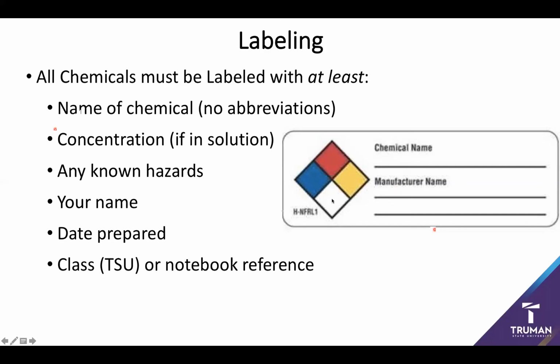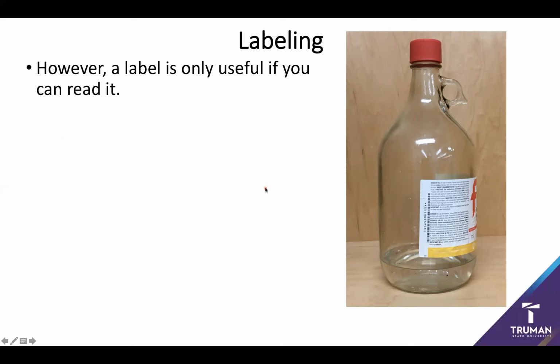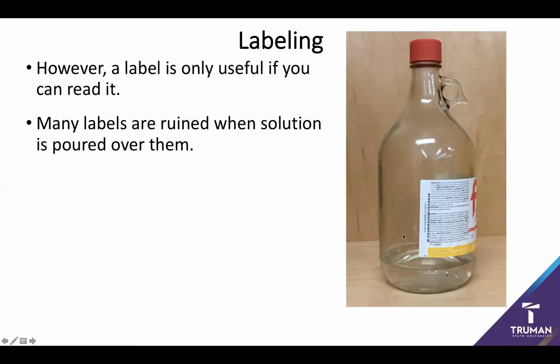However, one of the things I do want to emphasize is that a label's only going to be useful if you can read it. And as most of you have seen, any chemical that sits in a lab long enough might start suffering label degradation. One of the leading causes for the breakdown of a label is if I pour solution over it. So let's say I have a typical bottle of chemicals.